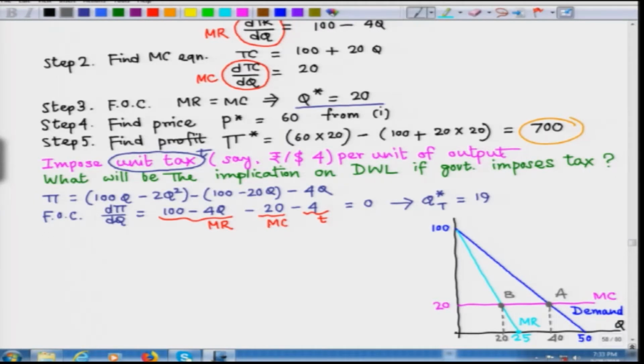Okay. Now, what happened? There is a tax imposed by the government, right. So, the tax is 4 units.